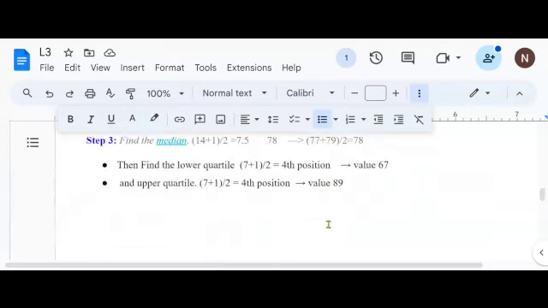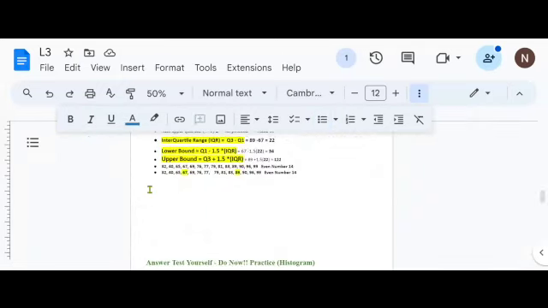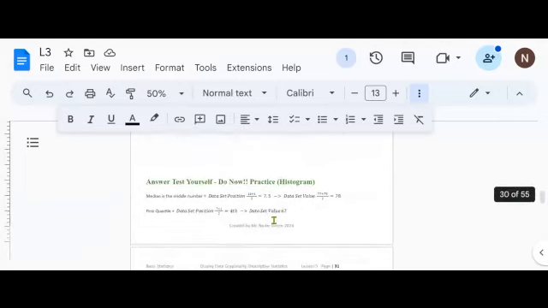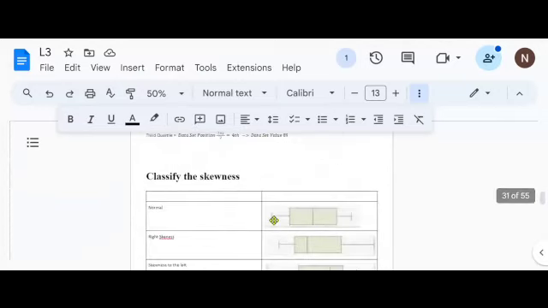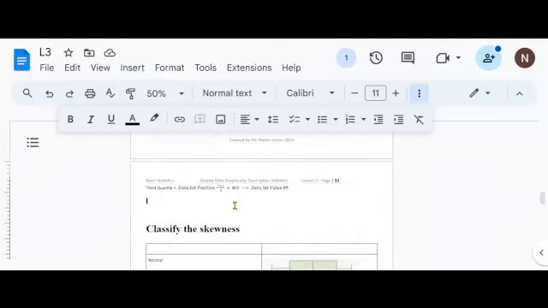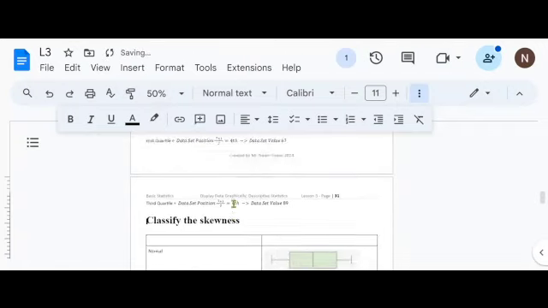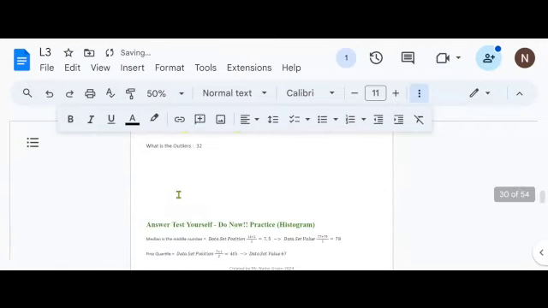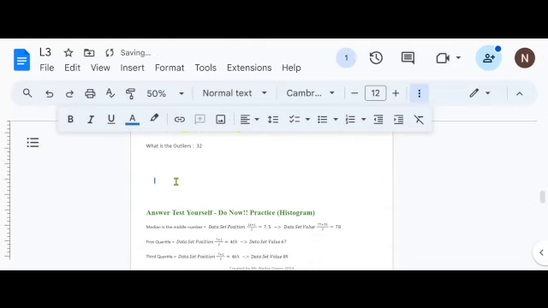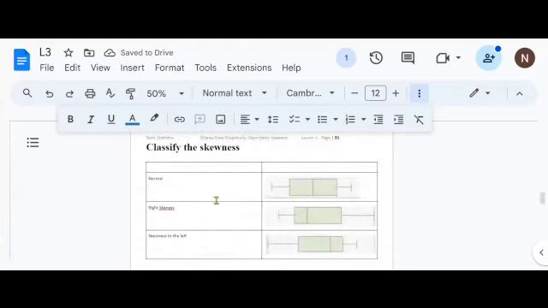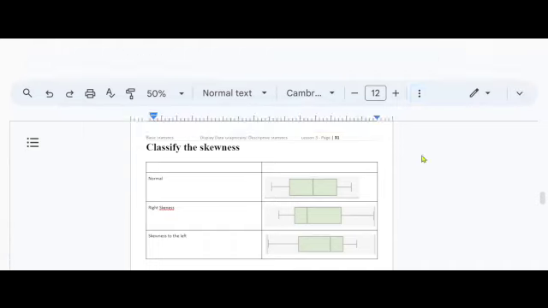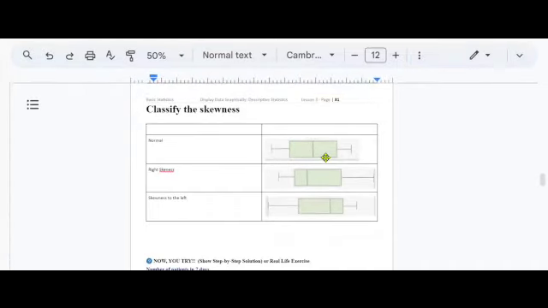Okay. So far so good. Now let's take a look at some classification of skewness for the whisker plot. This is normal.